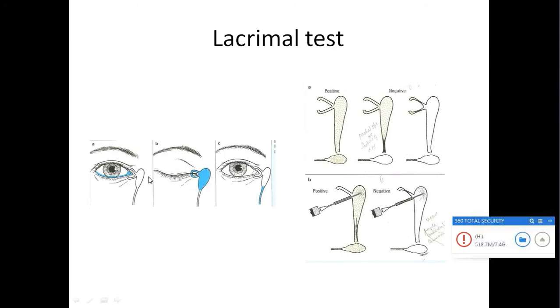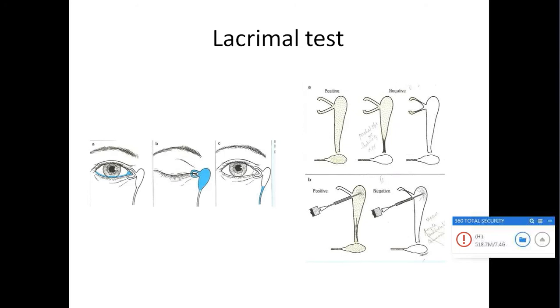So this is again the lacrimal test being done with methylene blue dye. And here, instead of relying on the patient, you dilate the puncta, introduce the lacrimal cannula into the canaliculus, push the piston of the 2 cc syringe and push the liquid into the sac.